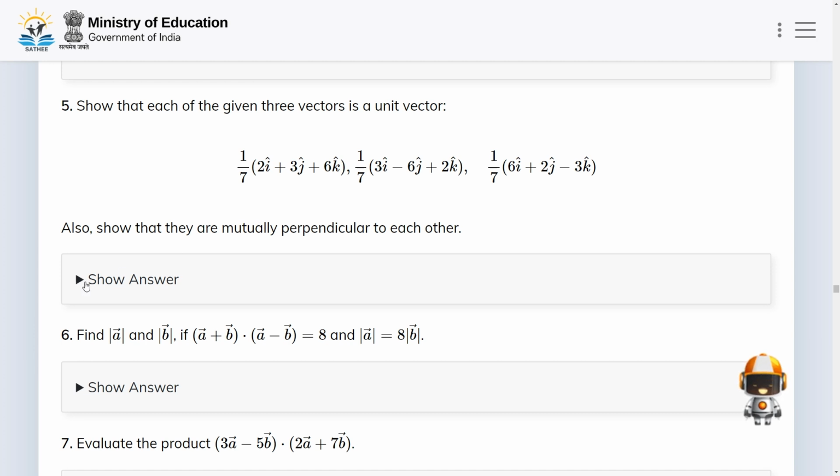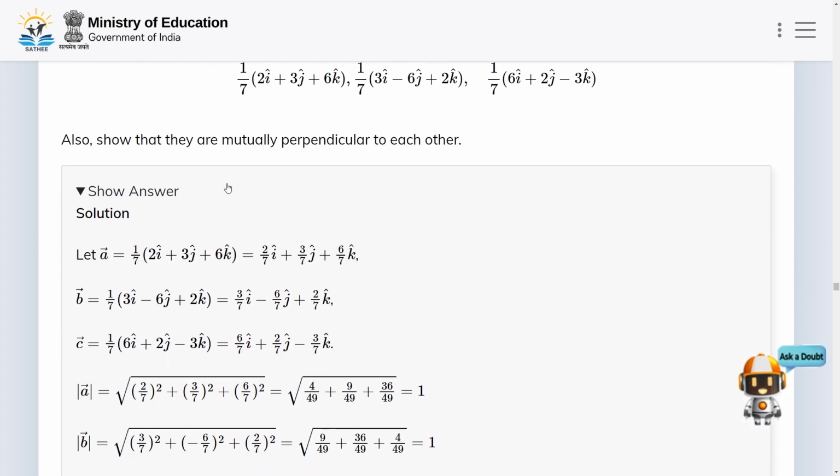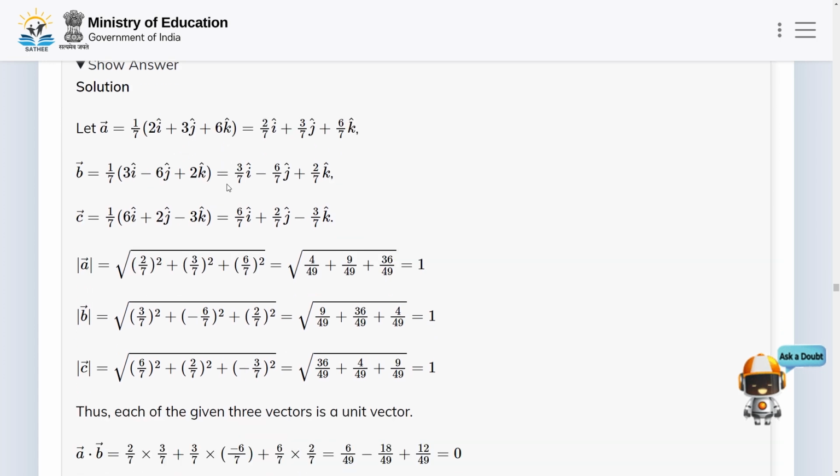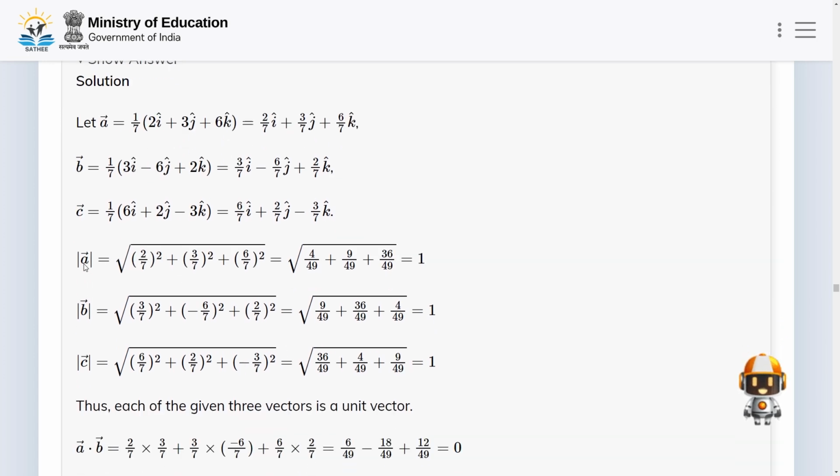This means first of all find their magnitudes. As you can see, the magnitude of A will be 1, B will be 1, C will be 1. This means unit vectors. Whenever we have a vector having magnitude equal to unity or 1, that vector must be a unit vector.